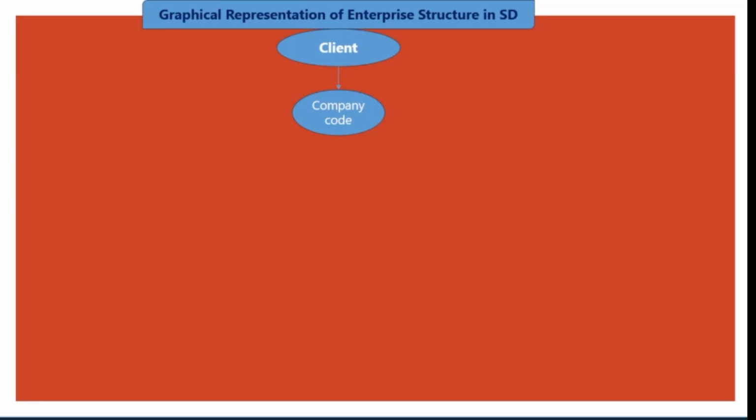Now let's understand the SD enterprise structure, which first starts with the sales organization. The sales organization is the highest level in the SD enterprise structure, and the one to which all the other building blocks are assigned.